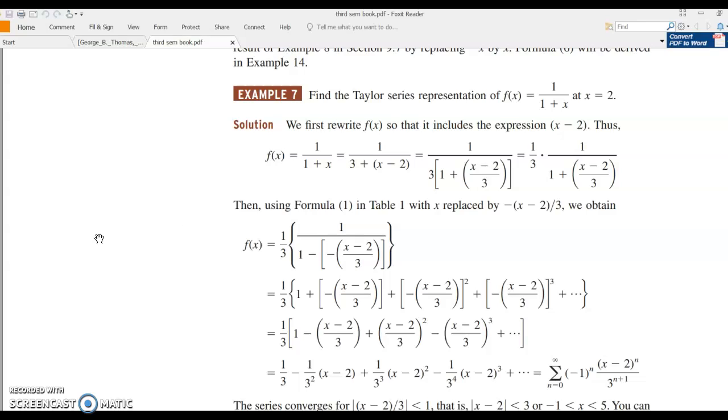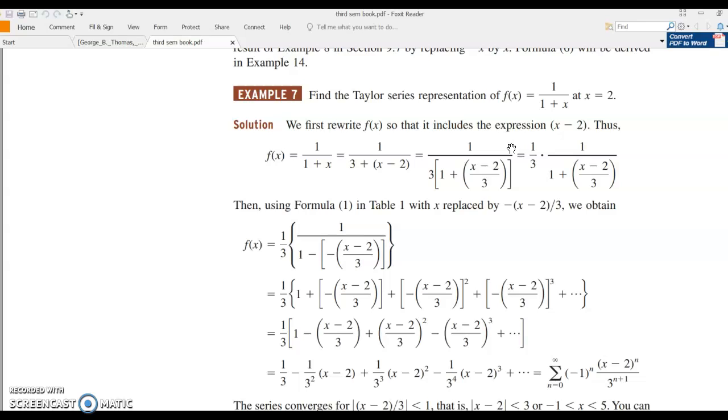f of x is 1 by 1 plus x. I can write this as 1 by 3 plus x minus 2. I can take 3 outside. One way is we can do using f dash x, f double dash x, f triple dash x, and at 2 find the values and substitute them.